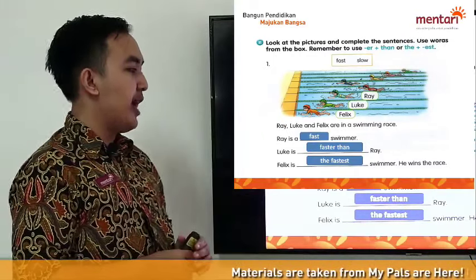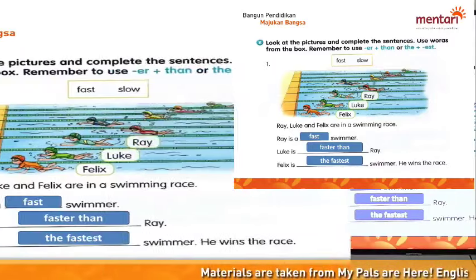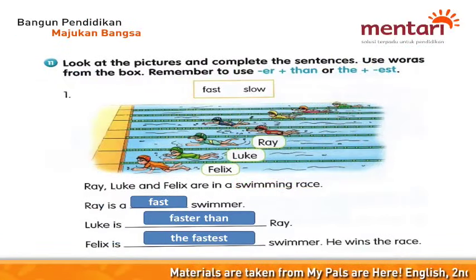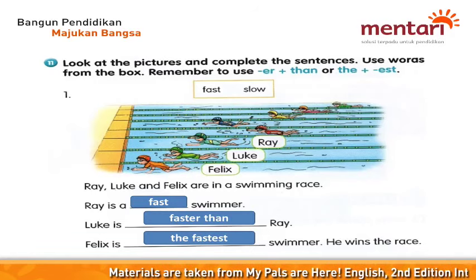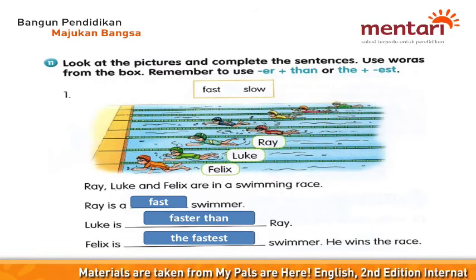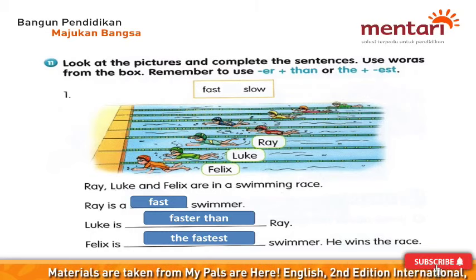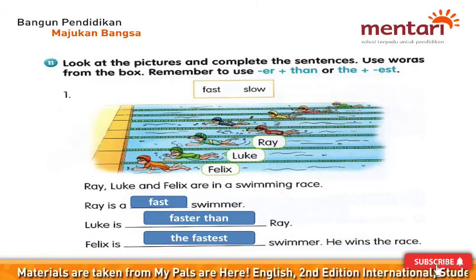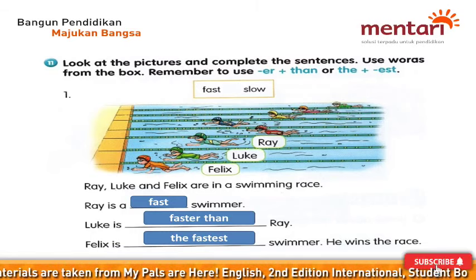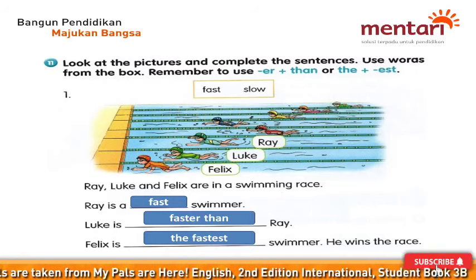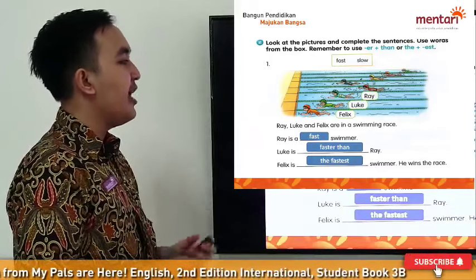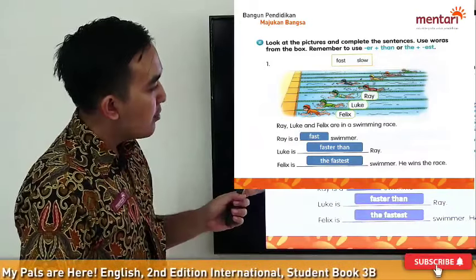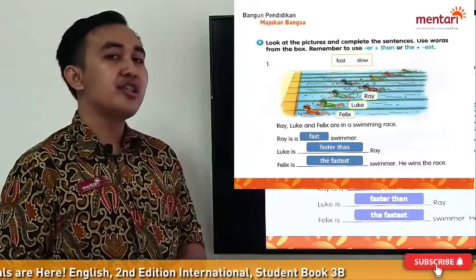How about Ray? If we take a look on the picture, Ray is still in the third position. Do you think we can compare it with Felix and Luke? Yes, we can do it. So, if you want to make a new sentence with slow as your adjective, then we can say Ray is the slowest swimmer.